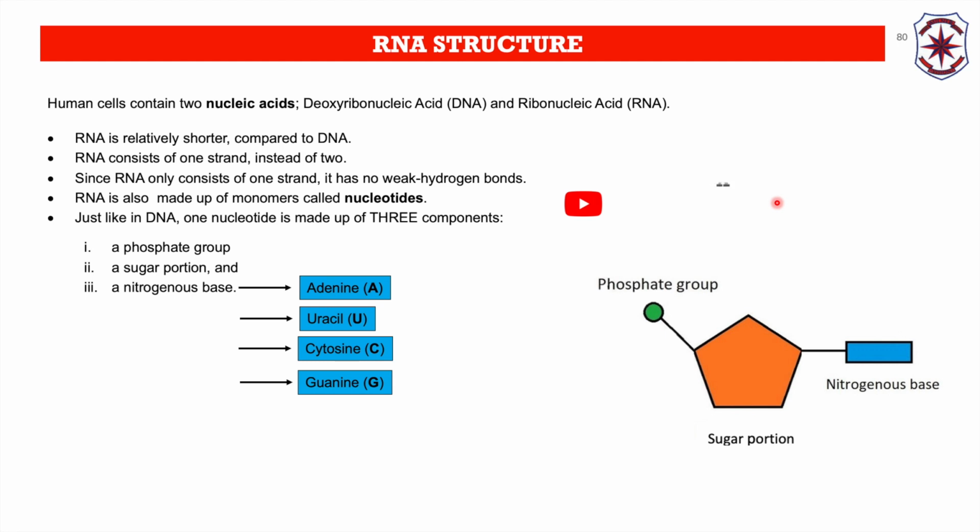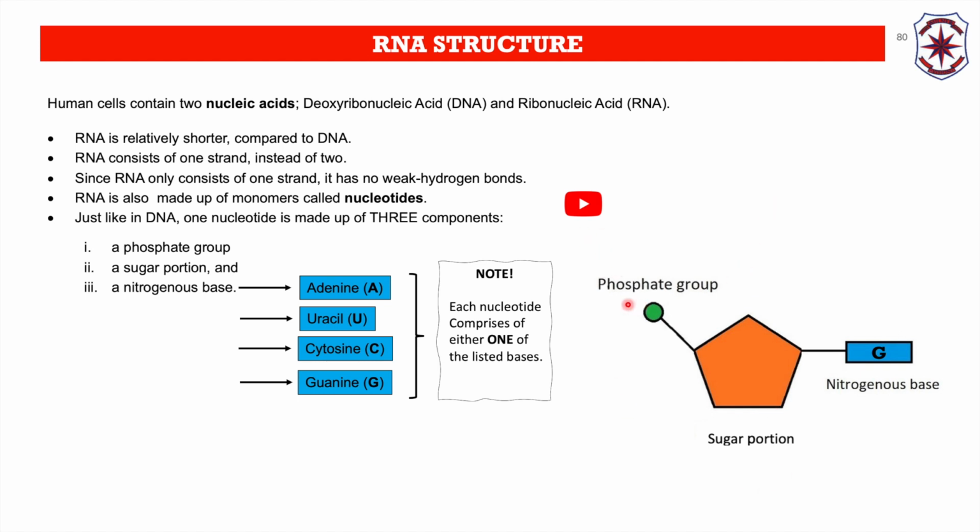That nitrogenous base may either be adenine or uracil or cytosine or guanine. It may not contain all 4 nitrogenous bases. Okay?